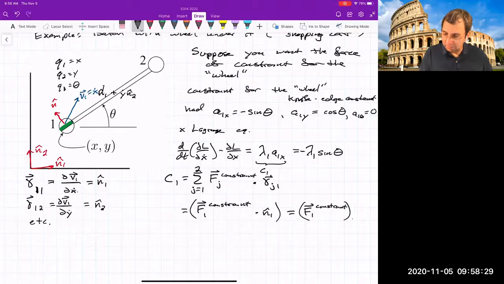So there's some unknown force of constraint. I'll make it orange. So there's a force of constraint here.